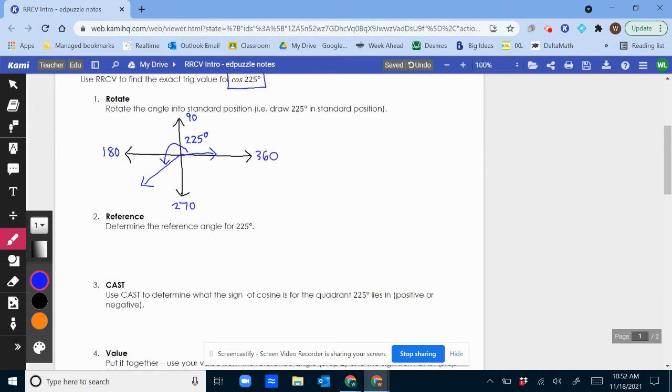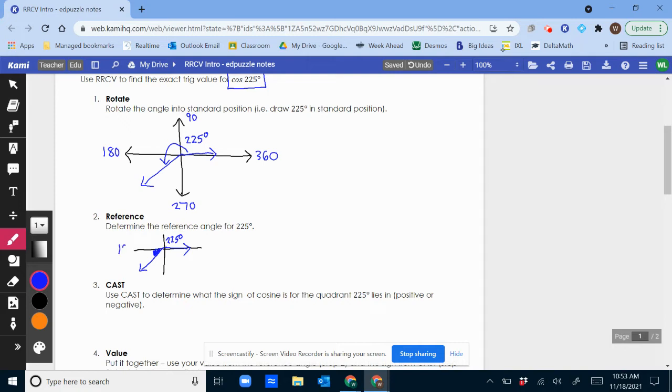The second R stands for reference angle. Hopefully you guys remember, a reference angle is the angle between the terminal side and the x-axis. This was 225 degrees, so the terminal side to the x-axis would be this angle right here.